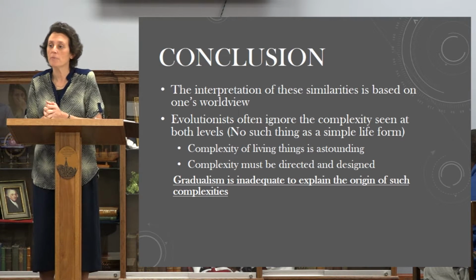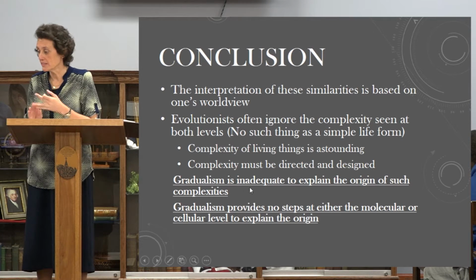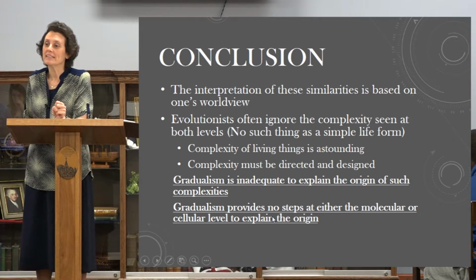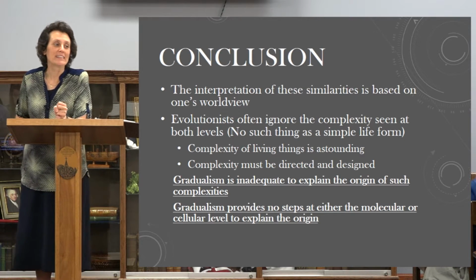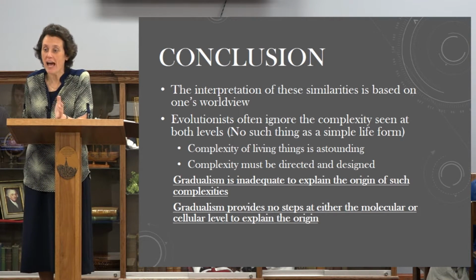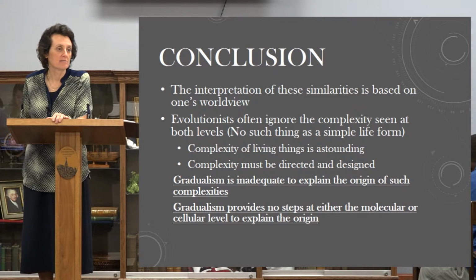Evolutionists tried to downplay both the dissimilarities and the complexities of life. Then gradualism is woefully inadequate, giving mechanisms and steps of how the cellular or molecular level began in the first place.